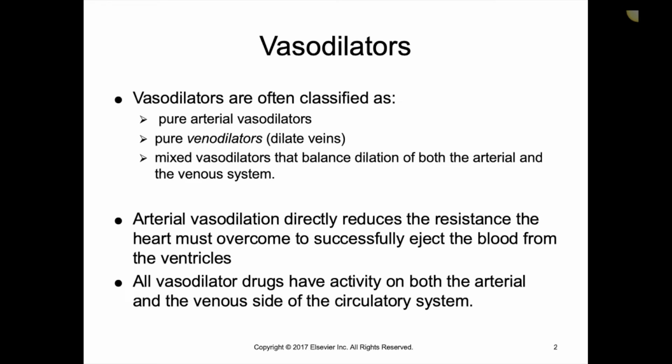Vasodilators are often classified as pure arterial vasodilators, pure venodilators, so they just dilate veins, or mixed vasodilators that balance dilation of both the arterial and the venous system. Arterial vasodilation directly reduces the resistance that the heart must overcome to successfully eject the blood from the ventricles. All vasodilator drugs have activity on both the arterial and the venous side of the circulatory system.